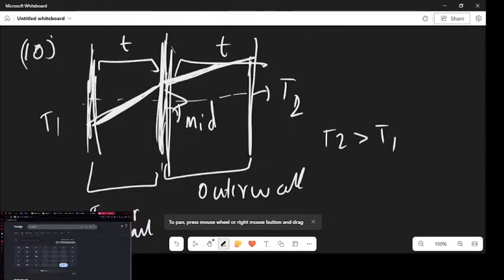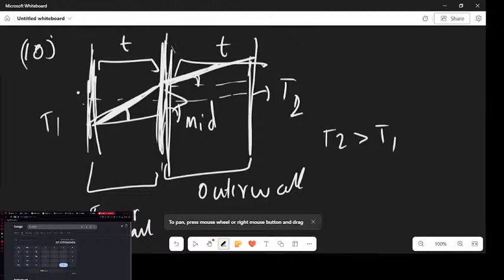So I need to compare the thermal conductivity. Can we compare it? Here the slope is comparatively greater, the bending is greater, meaning the temperature is decreasing at a faster rate here.